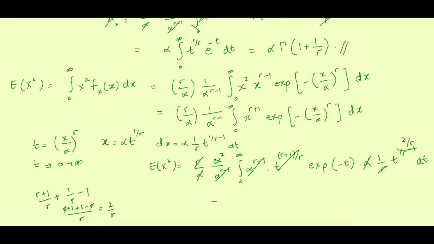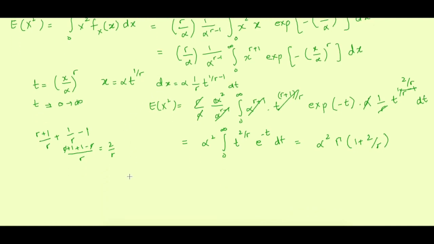Okay, now again we have alpha squared, integral from 0 to infinity of t to the 2 over r, e to the minus t dt. So again using the gamma function definition, we want one more than this, correct? So alpha squared gamma of 1 plus 2 over r. Okay, so this is the second moment.